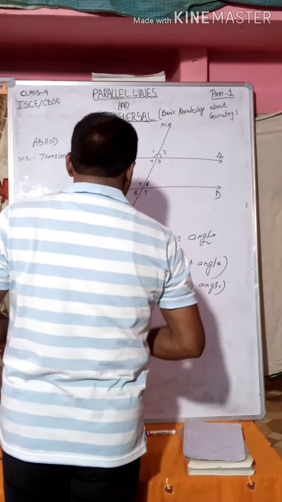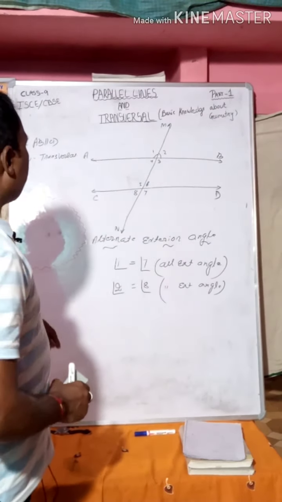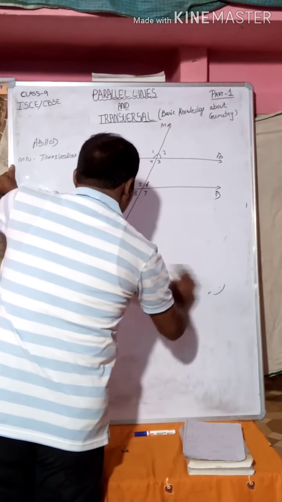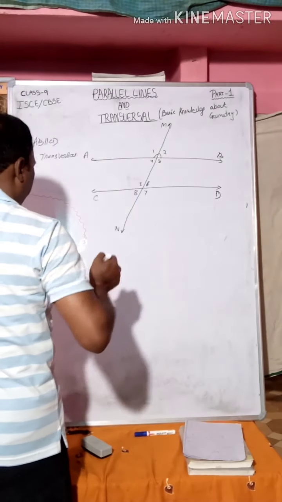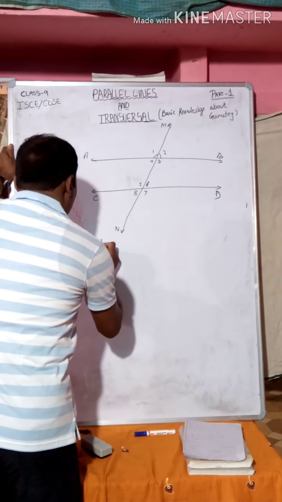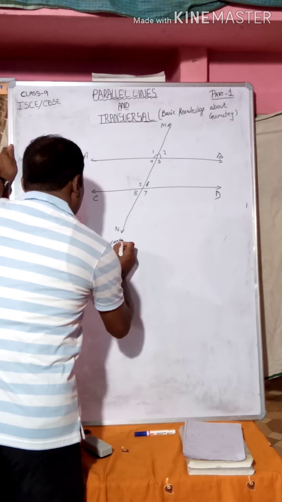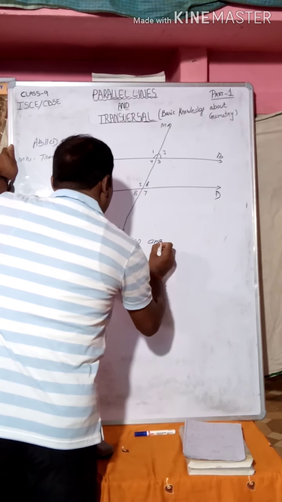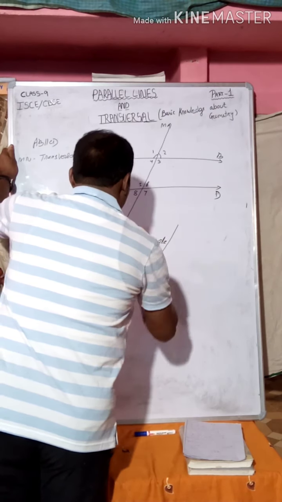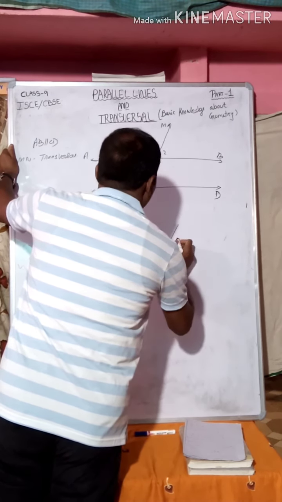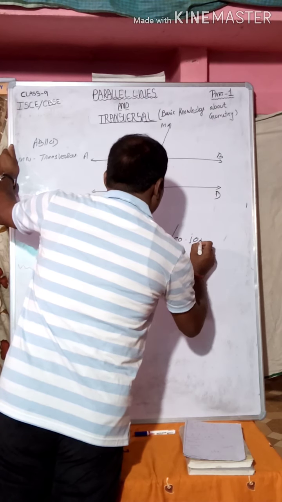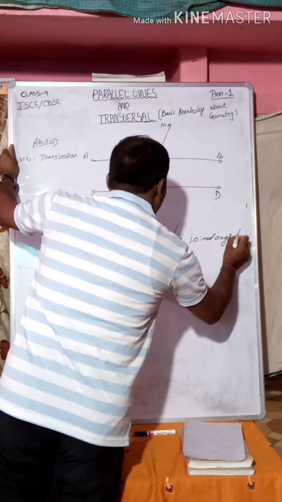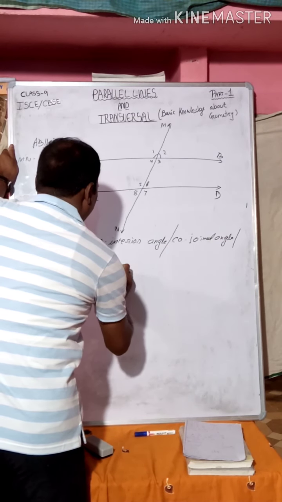Now come to the co-interior angle, or co-joined angle, or allied angle.